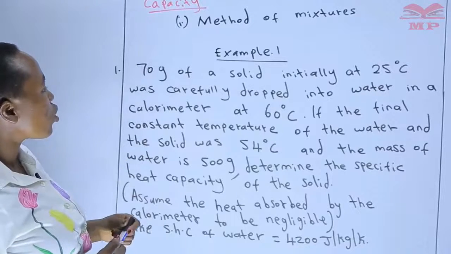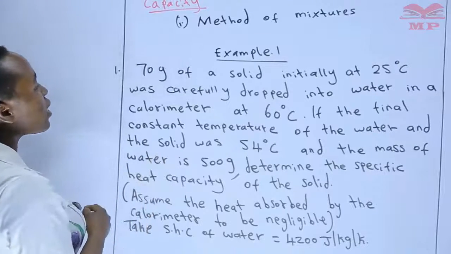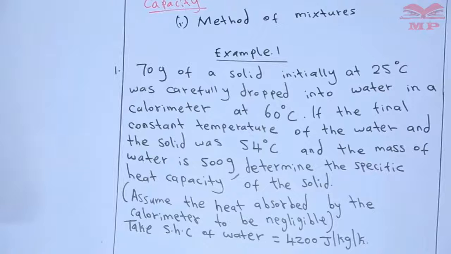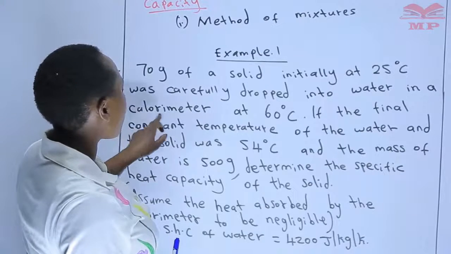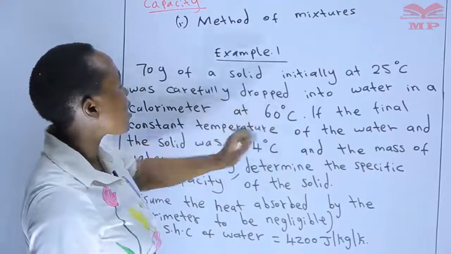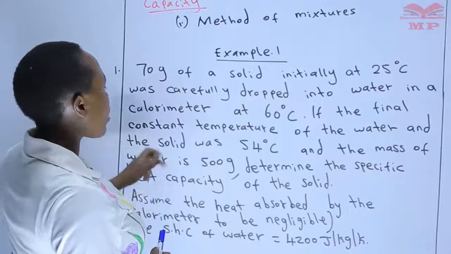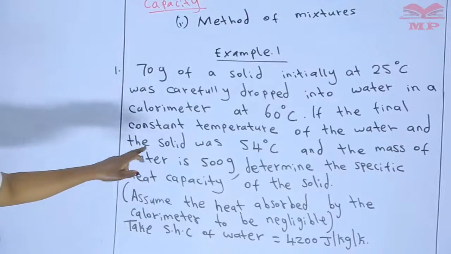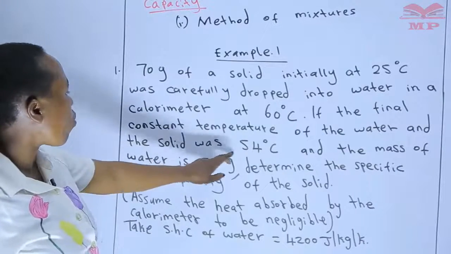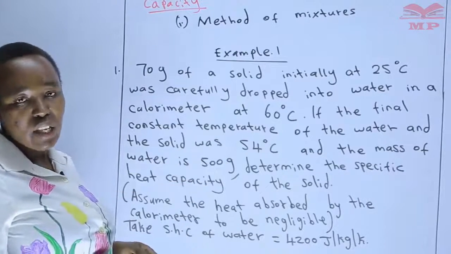Like in this question, we have a solid initially at 25 degrees Celsius, which is being dropped into water in a calorimeter at 60 degrees Celsius. And then we are told that the final constant temperature of water and the solid was 54 degrees Celsius.